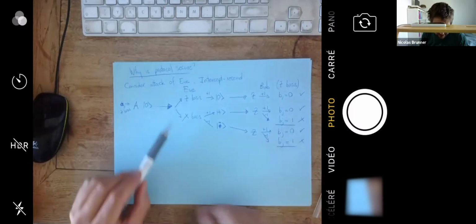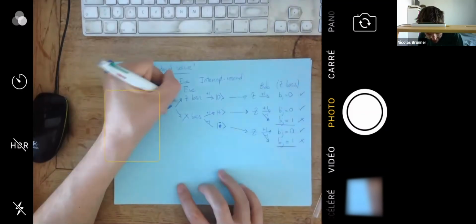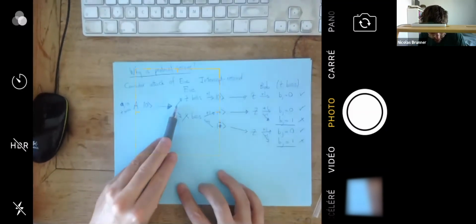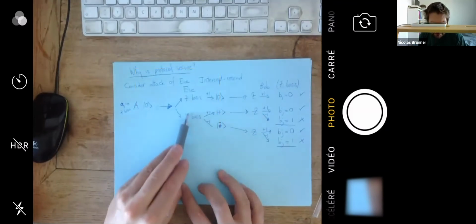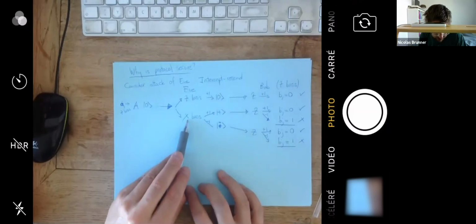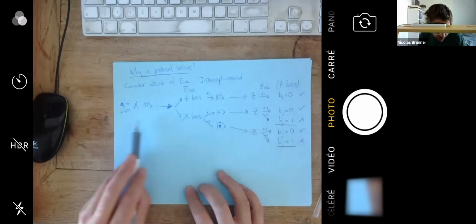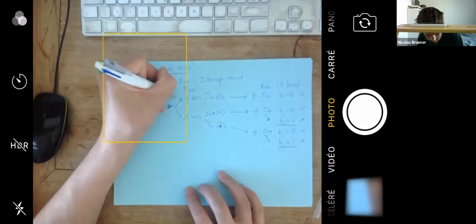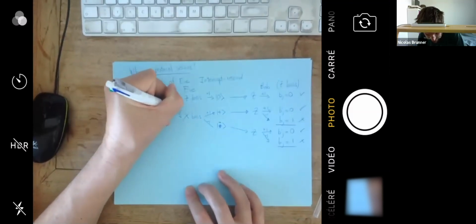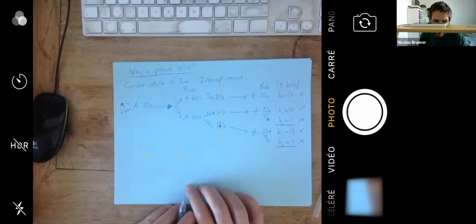So this is easily done via this little tree here. So first of all, we have to associate probabilities to this first choice of Eve. And as we argued before, Eve has no idea of what basis Alice used. So this is just a 1/2 choice here. Okay, this is random.